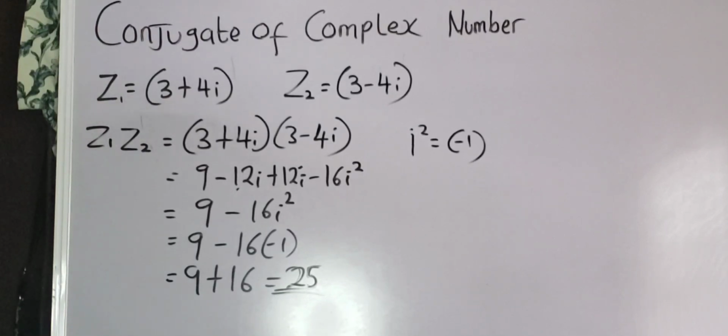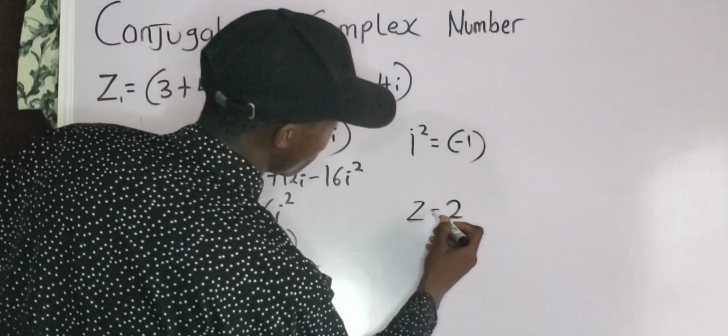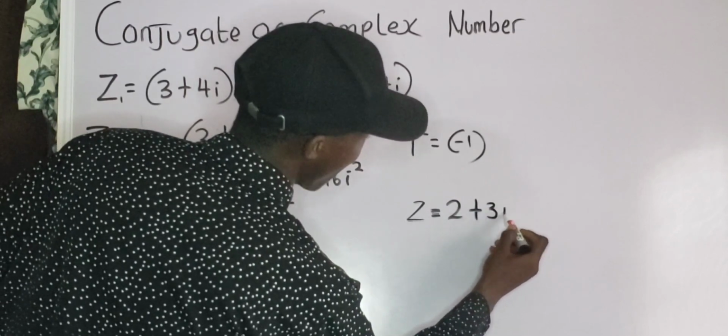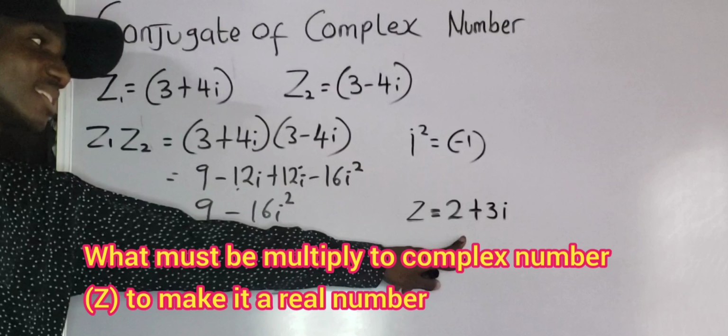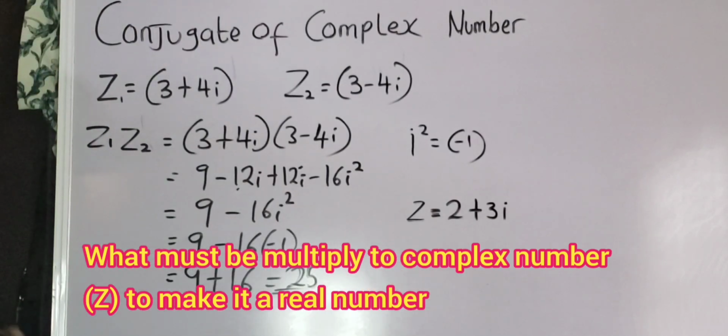Now, if I give you a question like this: given that z is equal to 2 plus 3i, what must be multiplied to z such that we are going to get a real number? You can look at that question.